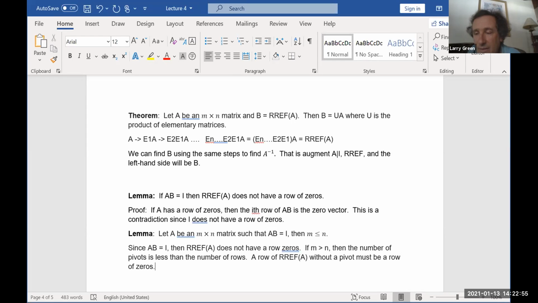Any questions on that? And that's the proof. So that's a contradiction because you can't have a row of zeros from the prior lemma. Any questions on the lemma?